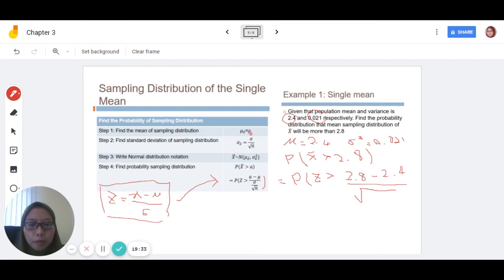This is computed from sigma divided by square root of n, so you can just take the square root of this value.